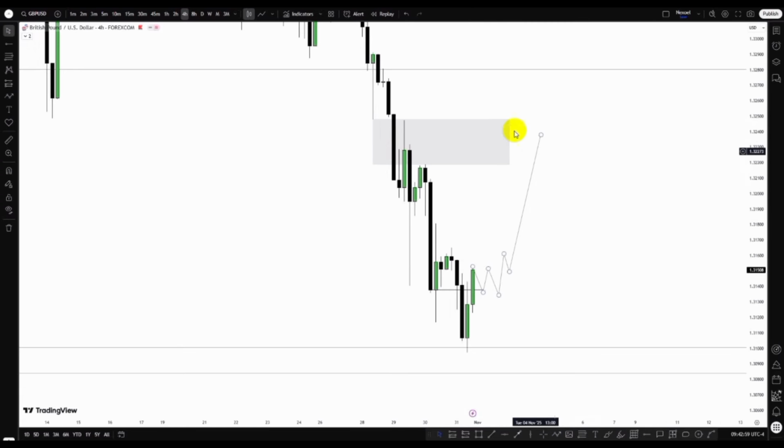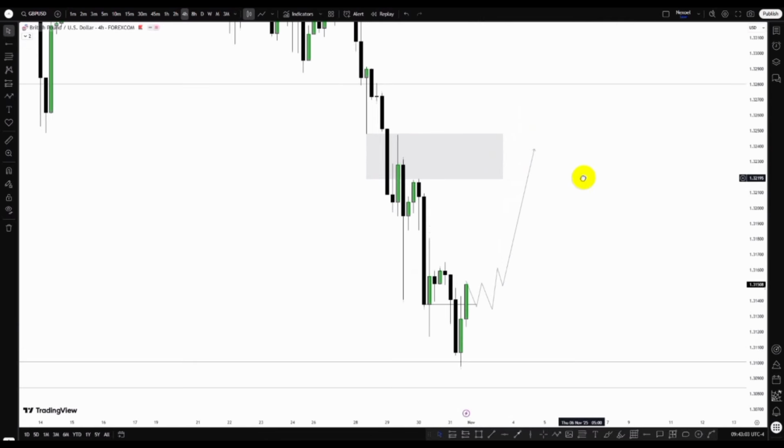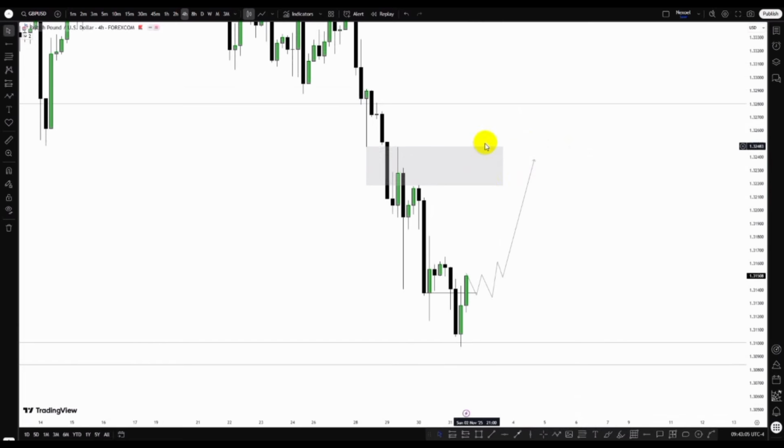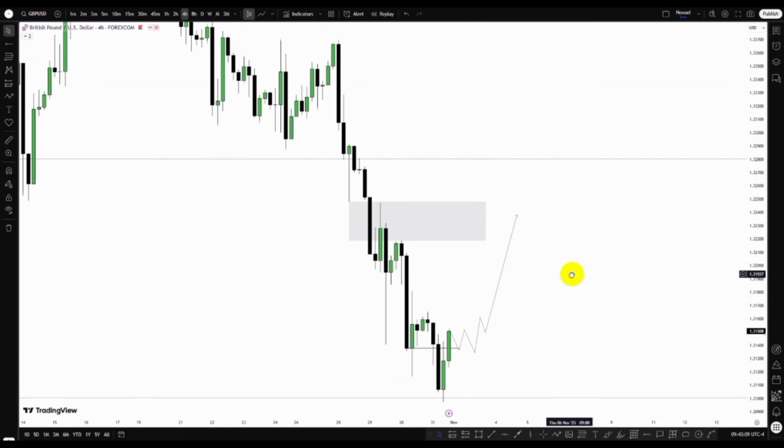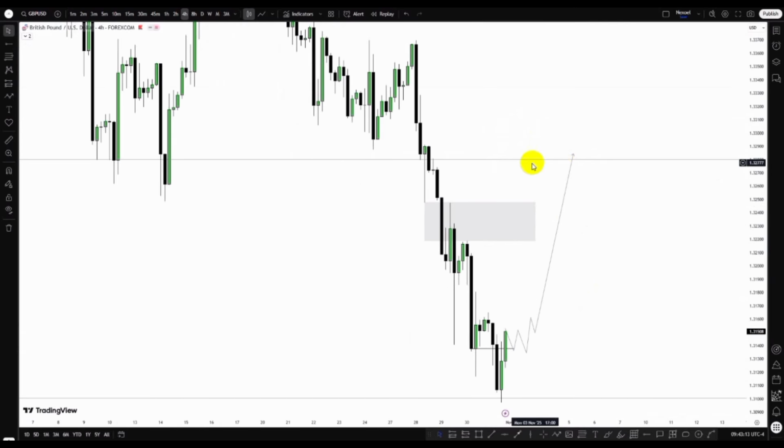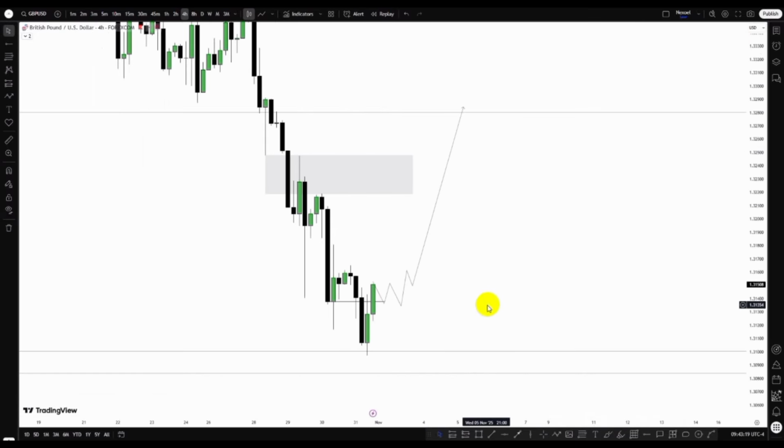So this is where I'll be waiting to see what happens here. If price gives us a sell reason, then we sell from this fair value gap to continue bearish to the downside, or price may trade higher into the weekly level and then gives us the framework for a bearish possibility to the downside.